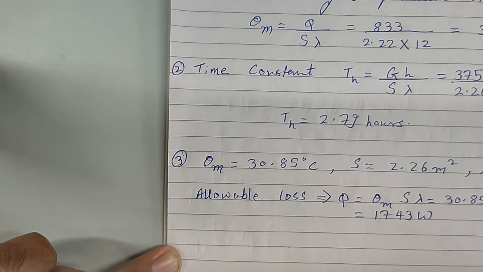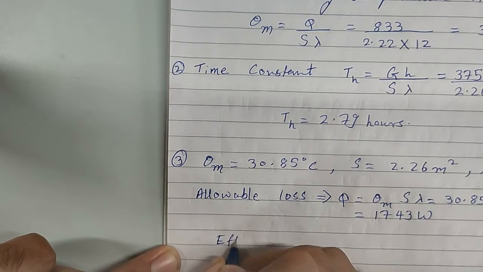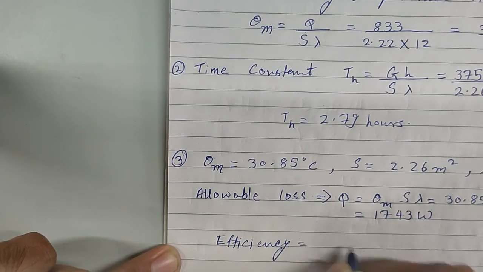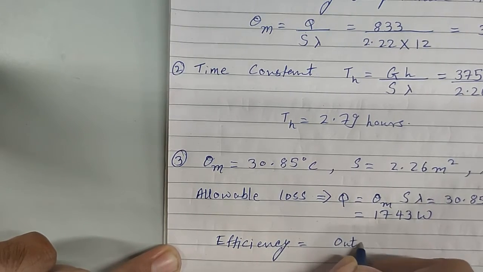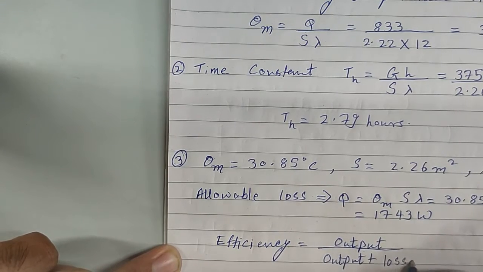Now, these are the total allowable losses. Again, we have been told that the efficiency is the same. So coming to the equation of efficiency, efficiency is nothing but output upon output plus losses.